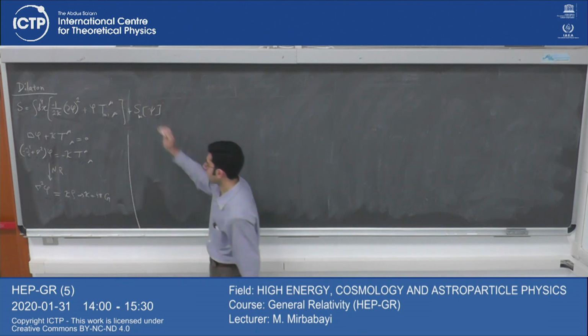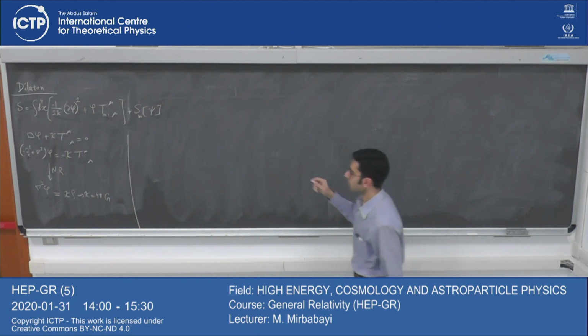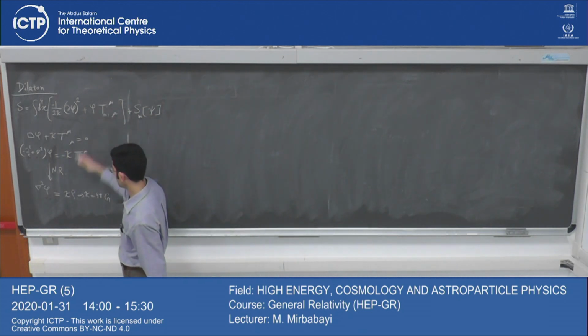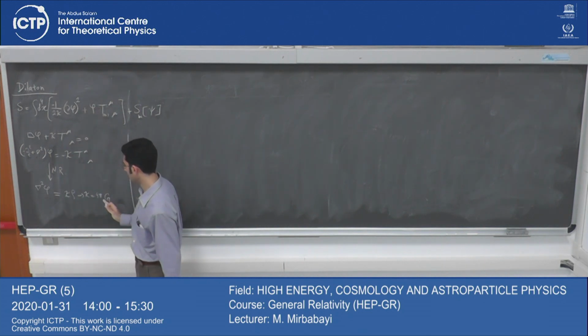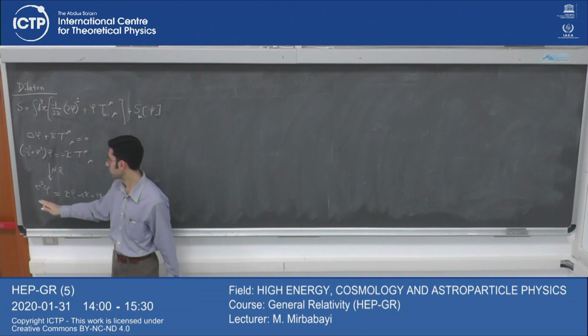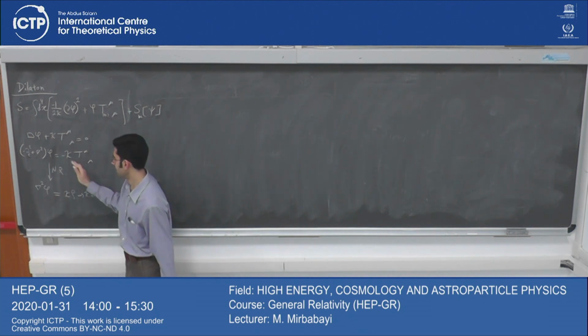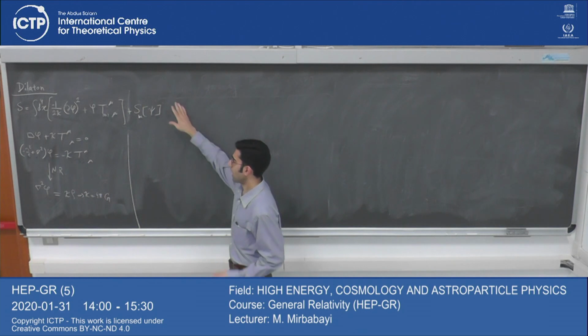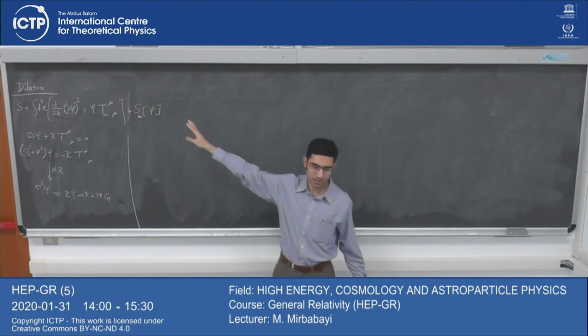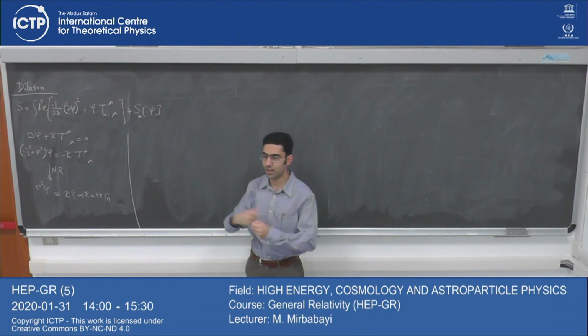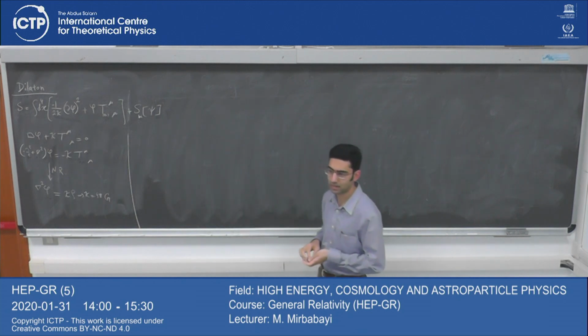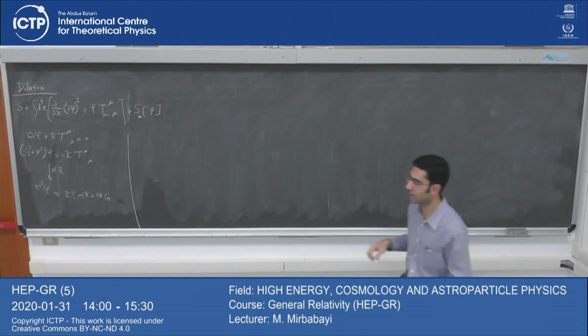Alright, so now when we write this action, first of all, the simple calculation tells us how matter fields source phi. Of course, the action should tell us everything. So it also tells us how phi affects the motion of the matter field, so the evolution of the matter field.